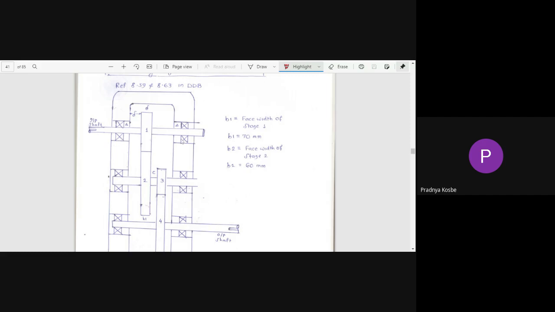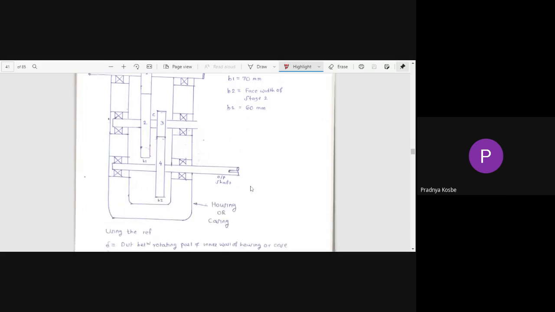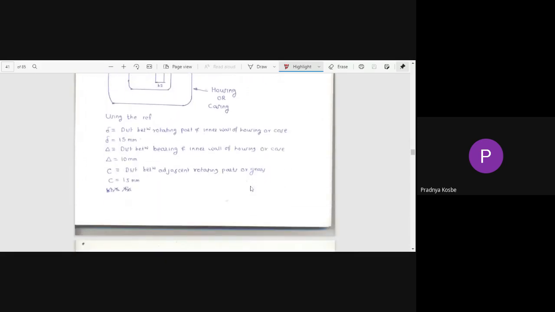These are the bearing arrangements. This del is the distance from the casing. B1 is the face width of stage 1, and B1 is equal to 70 mm, and B2 is the face width of stage 2, and B2 is equal to 60 mm. Okay.